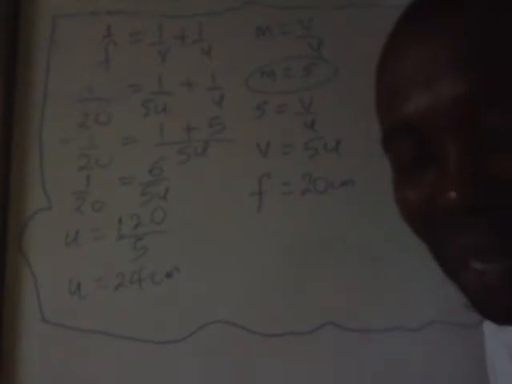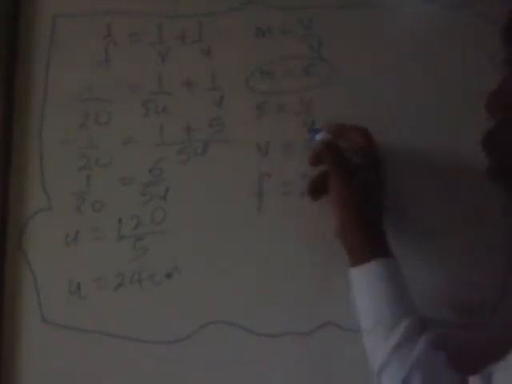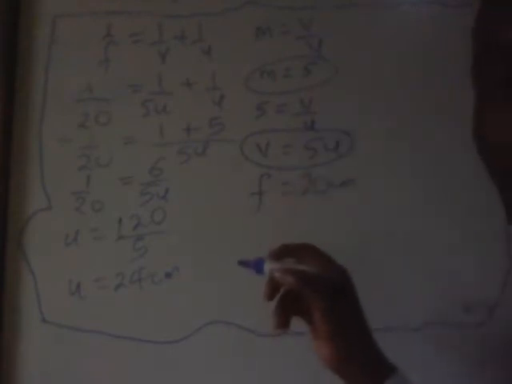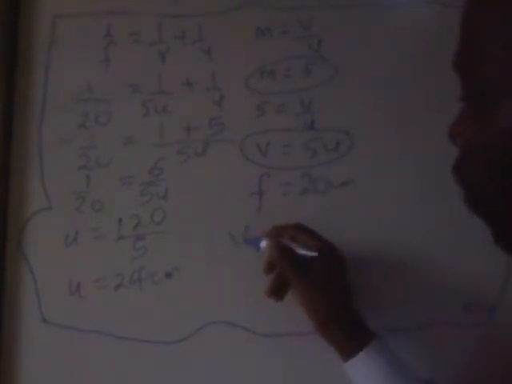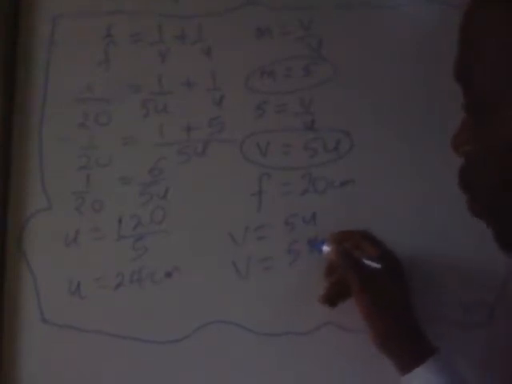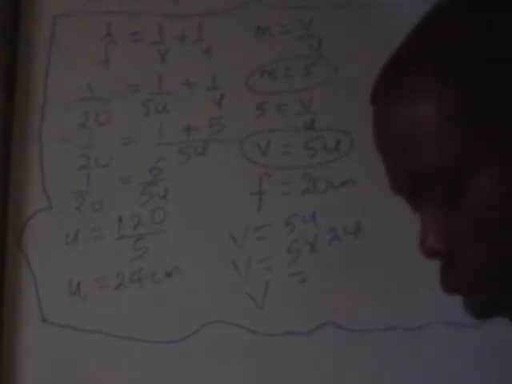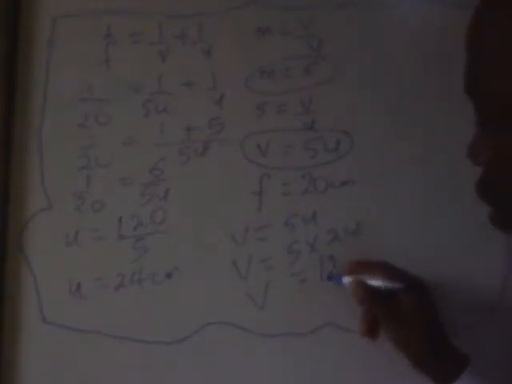So we are looking for image distance. From here, we said V equals 5U. So V equals 5 times U, 24. 24 times 5 is 120. That's 120 centimeters.